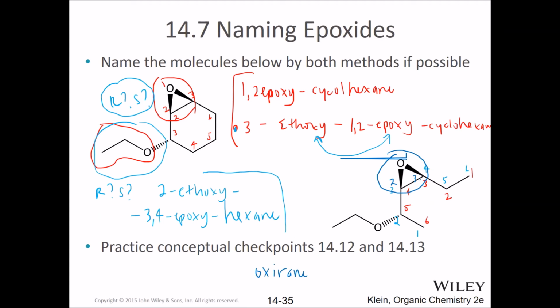That's this part. It looks like it's going to be 3, and what's this? 3 ethyl. I'll tape these together in a minute, okay? 3 ethyl, oxyran, and it's going to be, watch this.